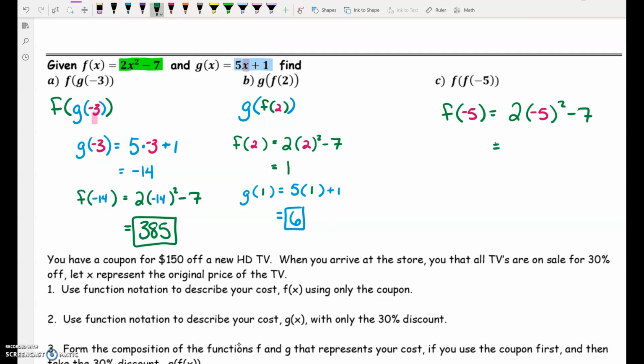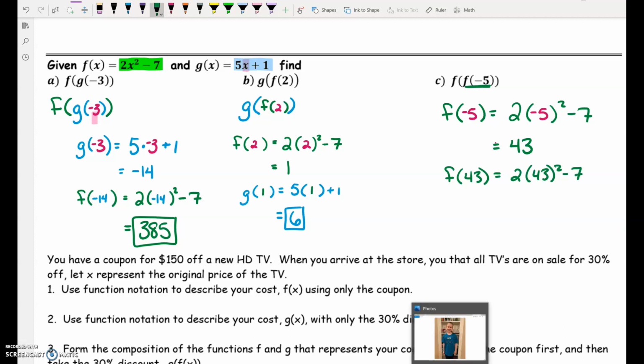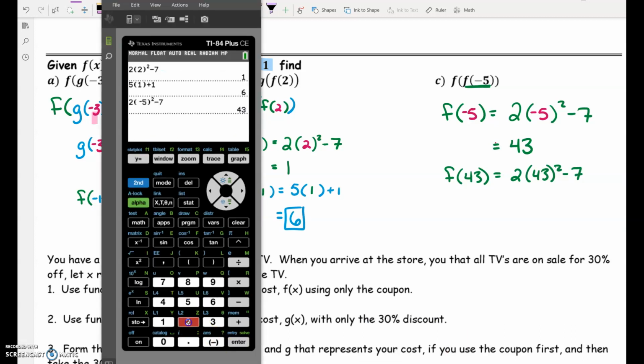So my first answer is 43. So we did this part, f of -5, and got 43. Now we need to do f of 43. And should you be surprised if you get a huge number? No, because you're squaring 43. 3,691.